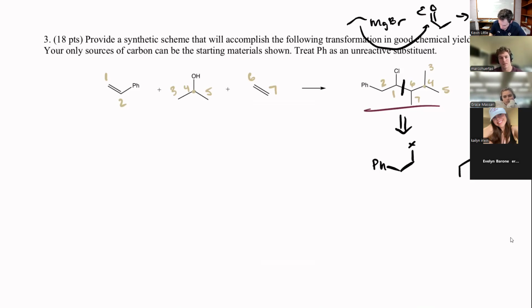So where do I want my OH to be in this picture? You want it to be where the chlorine is. I can turn an OH into a chlorine eventually, right? So if I can put the OH at the right spot, which is this X, then I'm set up pretty well to put a chlorine on. So what does this mean that the X had to have been?